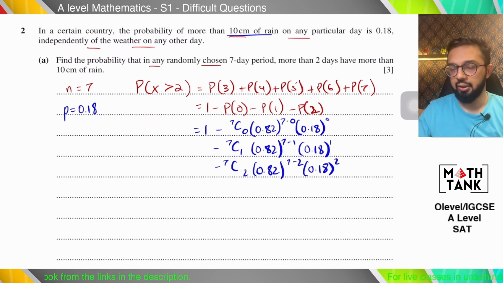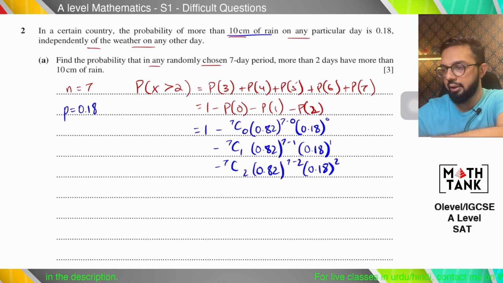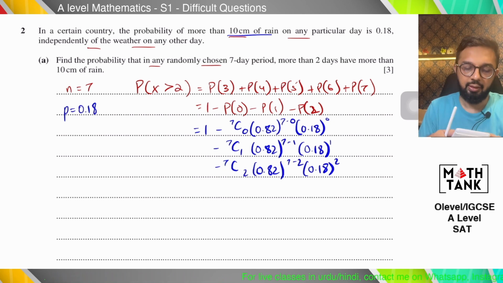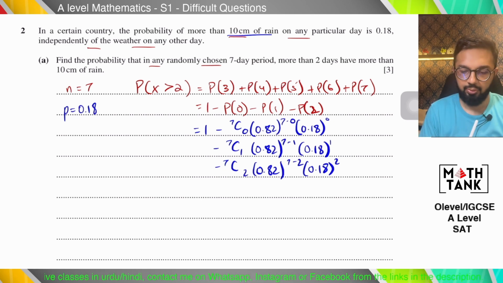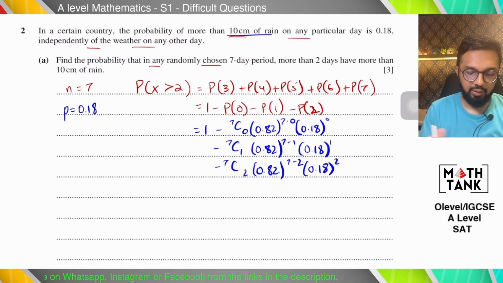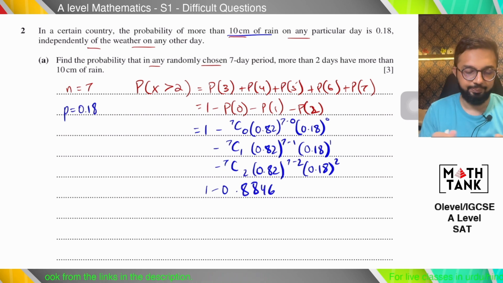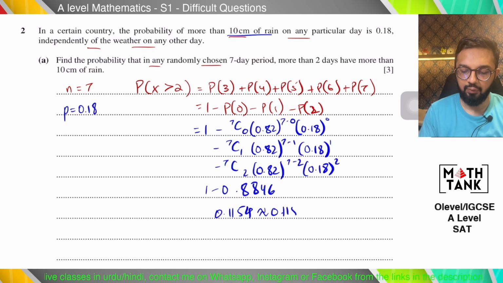Putting this on my calculator, I'm getting 1 minus 0.8846. That gives me 0.1154, which rounded off to three significant figures is 0.115.